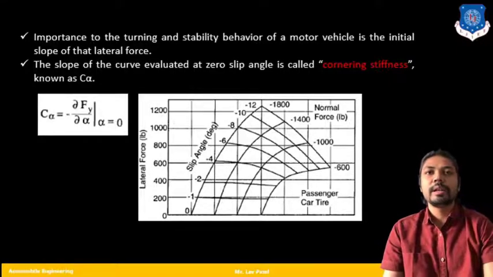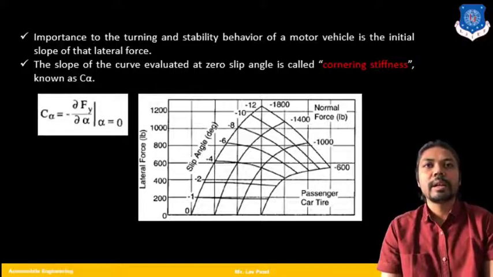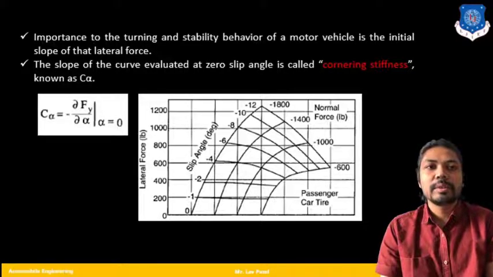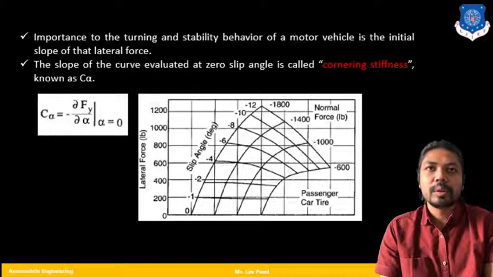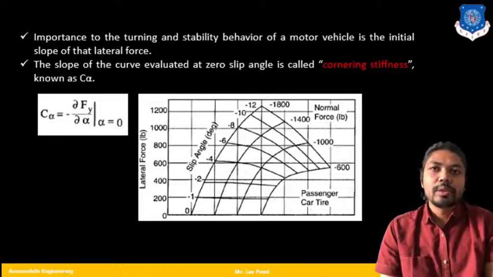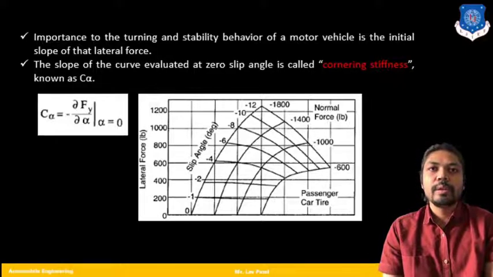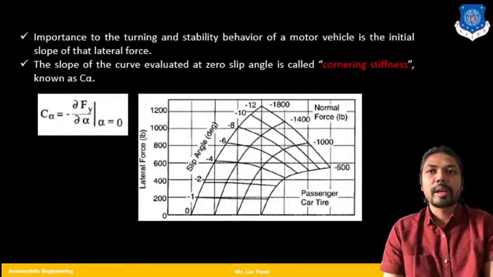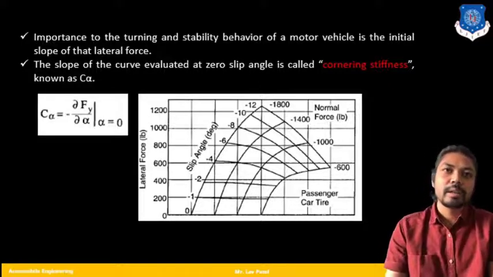So here you can see that different slip angles directly affect my lateral force. If my vehicle's overall weight is almost 2000 pounds or 1500 pounds, and the slip angle is around 4 degrees or 6 degrees, then according to that the lateral force is going to be created. So this is how lateral force is affected by slip angle and the overall performance of the car tire.